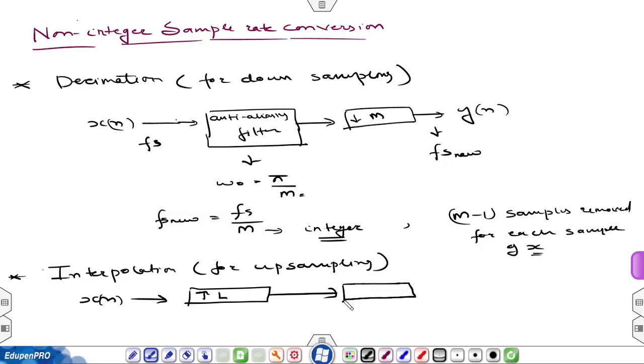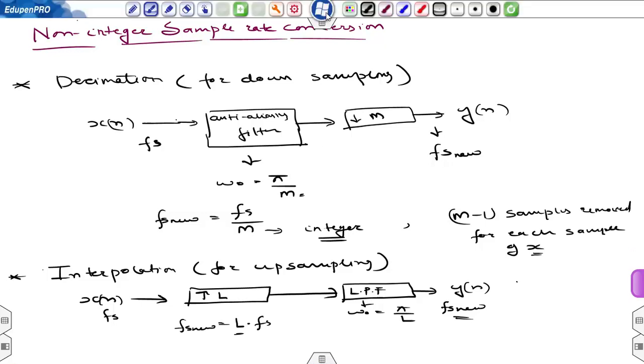So we have to use a low pass filter of cutoff frequency pi by L, and the output is y[n] with frequency fs new. The sampling rate of input is fs. So this fs new was equal to L times fs, L times sampling rate increased. And how was this achieved?